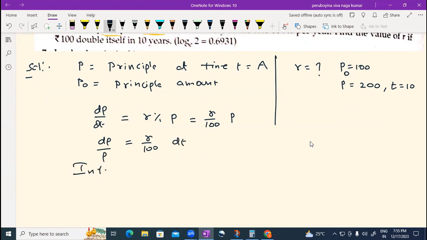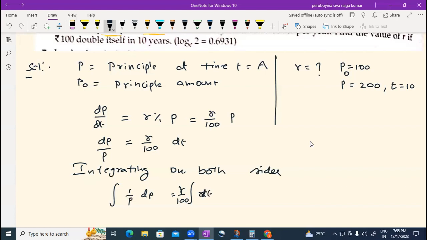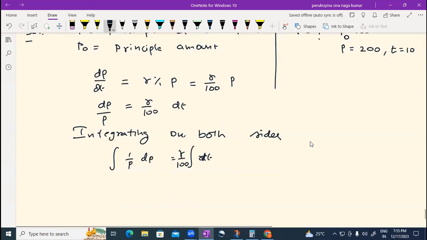Now integrating on both sides. Integral 1 by P dP is equal to integral R by 100 into dt. So this value will be log P is equal to R by 100 into time T plus some integral constant C. So we will mention the initial conditions.